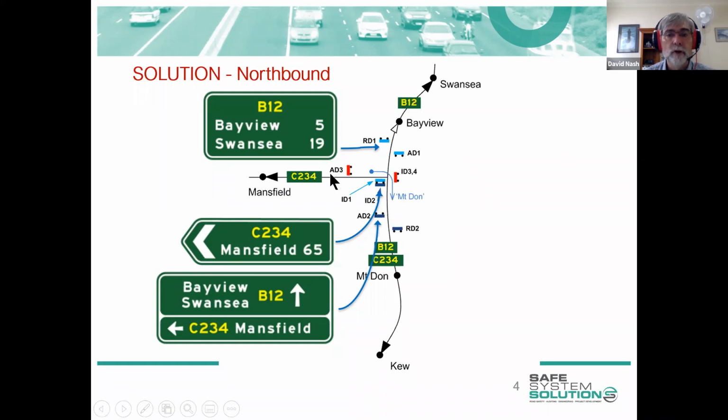After you've turned into the road towards Mansfield, there's no reassurance sign to tell you the distance. Therefore, you include the distance on the intersection direction sign. And then the reassurance sign on the departure side: Bayview, Swansea, 5 and 19 kilometres. I think all of you pretty much got that correct.